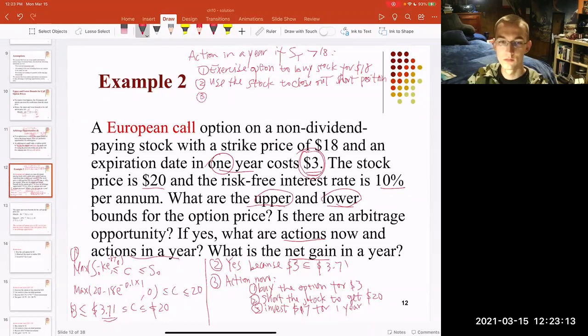And you do investment, so you're gonna receive how much? $17. That's your principal, and you do continuous compounding. So 0.1, 10% interest rate, and for 1 year. So you can find out what's the investment income.